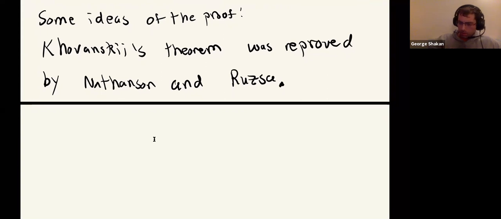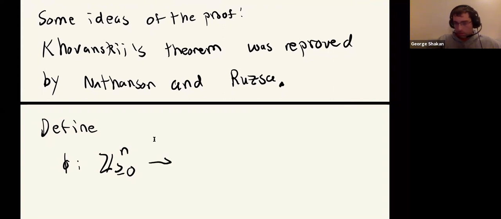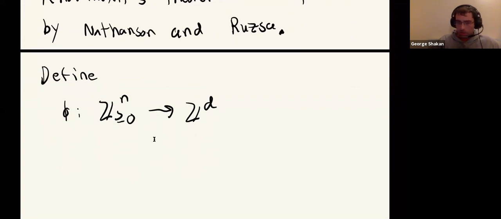Okay, so let me just talk about what they did a little bit. Kind of the underlying map that they define is this map phi. So remember, n is the size of the set. d is the dimension the set lives in.